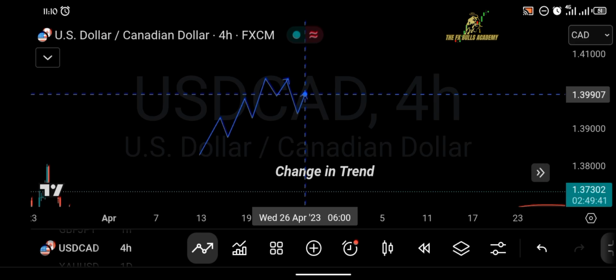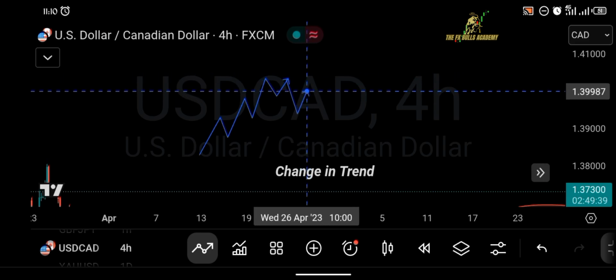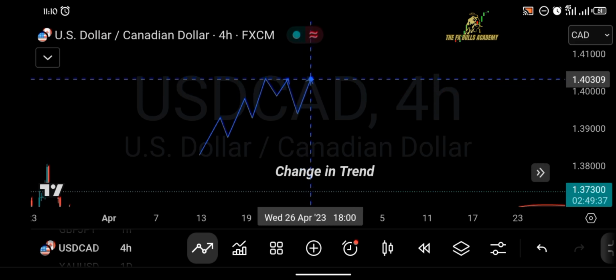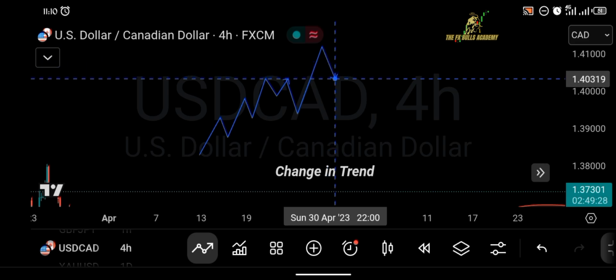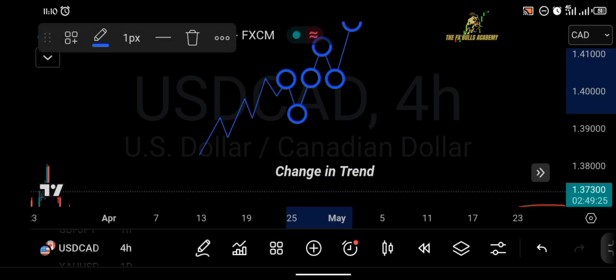So price can just go back, it might not retest space, price might just go back immediately to that equal high and break above the equal high, and later on start trending in the same trend. That's the otherwise part of it.